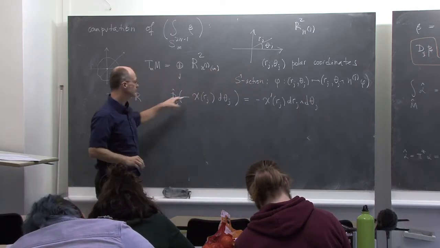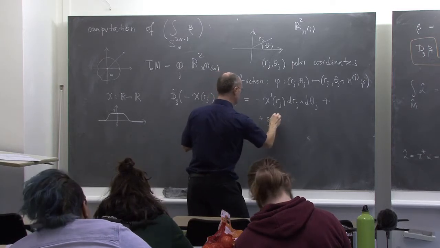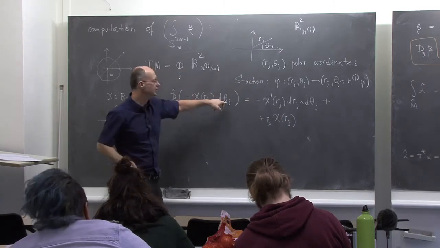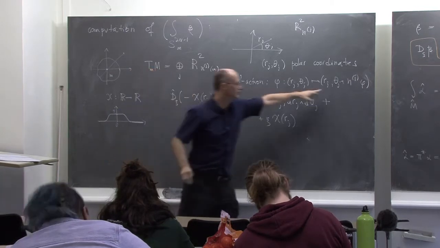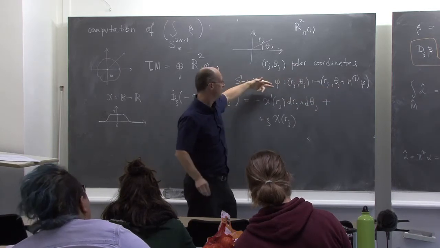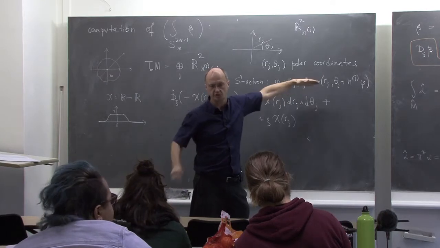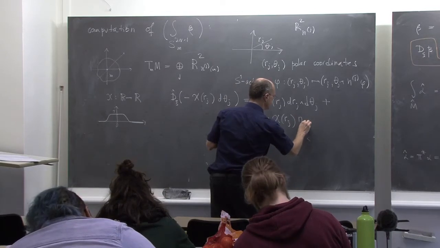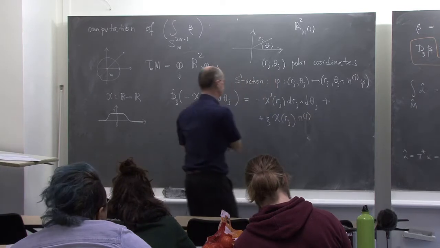And then I should add psi, the insertion of the fundamental vector field, times chi of r_j. The fundamental vector field is N_j times d over d theta_j, sum over all j's. So that's what the formula says, times N_j.